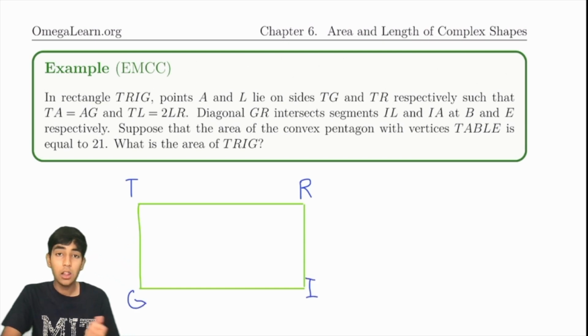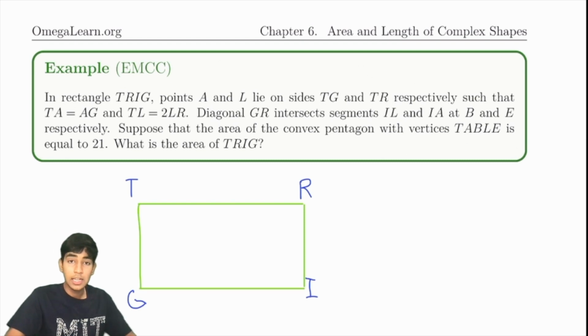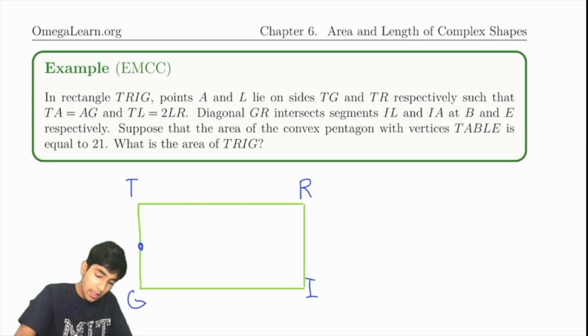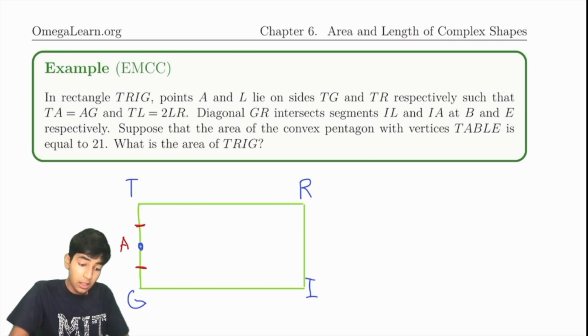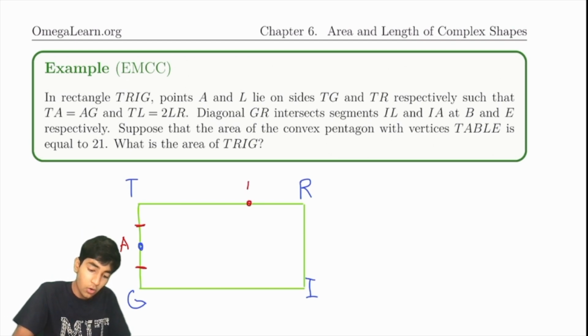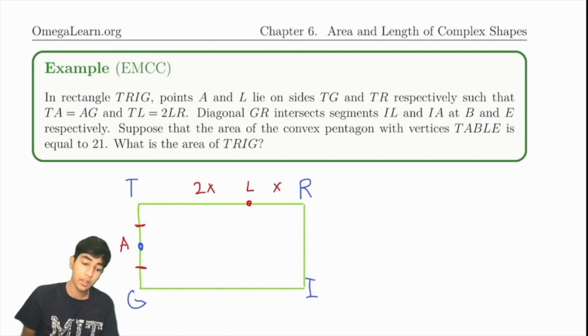Points A and L lie on sides TG and TR. Let's set TA equal to AG, meaning this is equal to this. TL is 2LR. So this part is 2x and x, something like that, right?